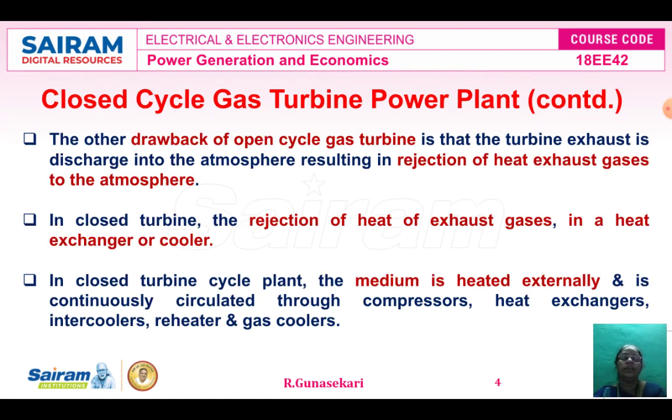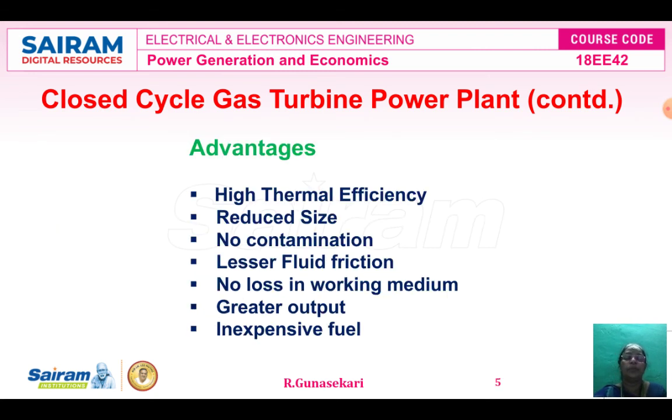Okay, and then what is the working operation of the closed cycle turbine power plant, then advantages and disadvantages of the closed cycle turbine. Already we studied the open cycle gas turbine power plant. In this lecture video you studied the closed cycle gas turbine power plant. Now you can compare from this and you can segregate the advantages and the disadvantages.